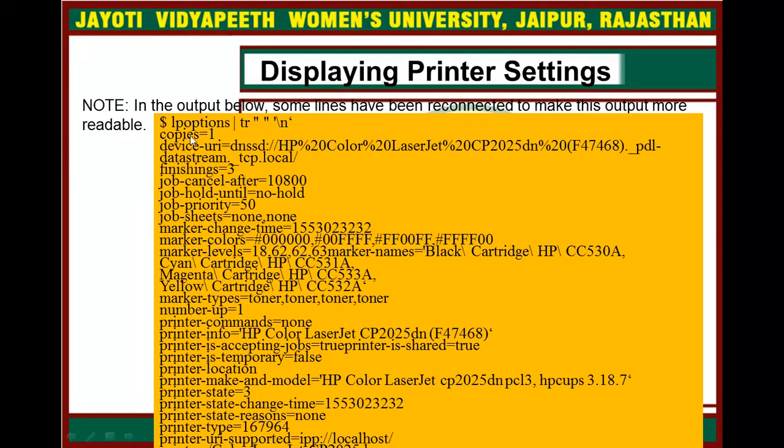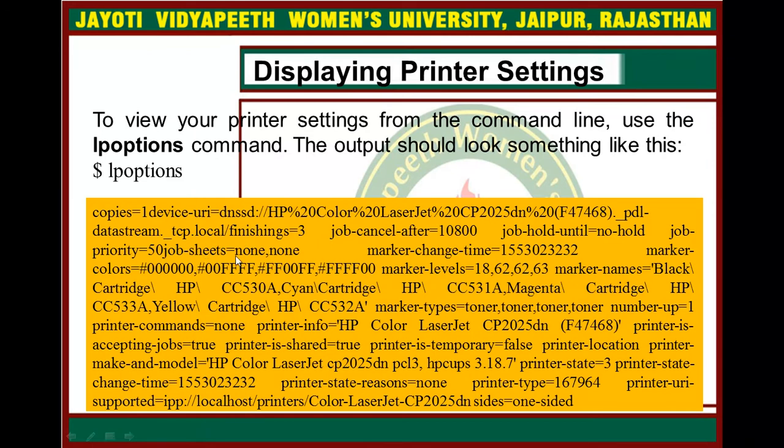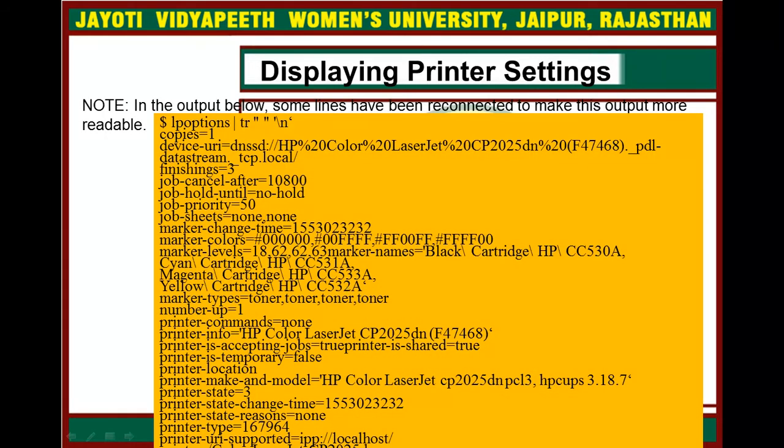In the output below, some lines have been reformatted to make the output more readable. You can see this is something very hodgepodge-like, so it is not easy to read. If you see it this way, then you can easily read line by line, because it is a systematic way of writing.